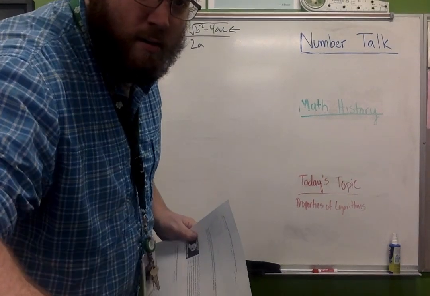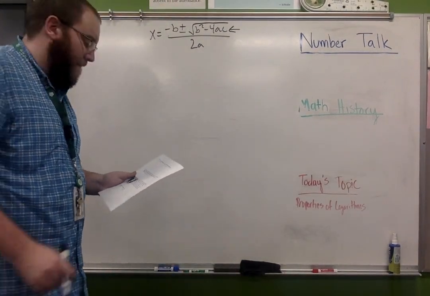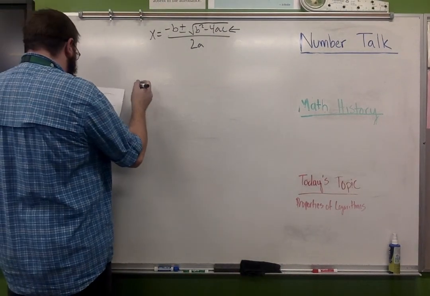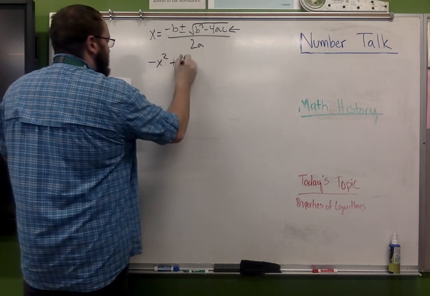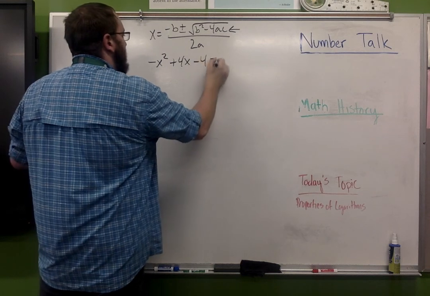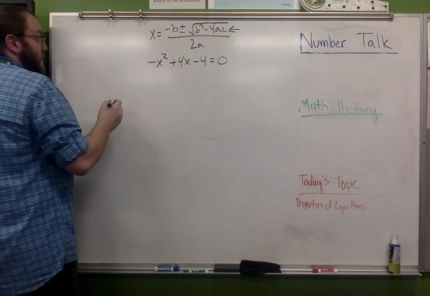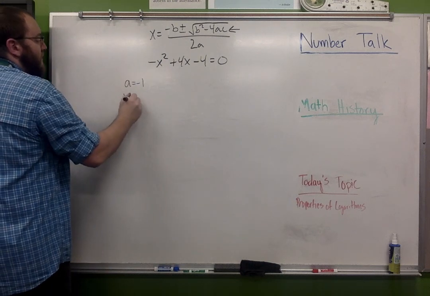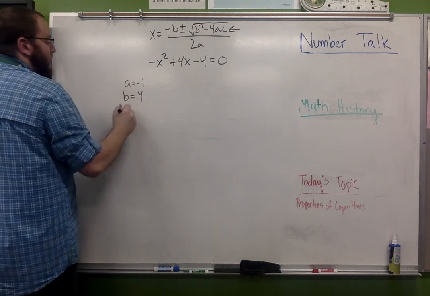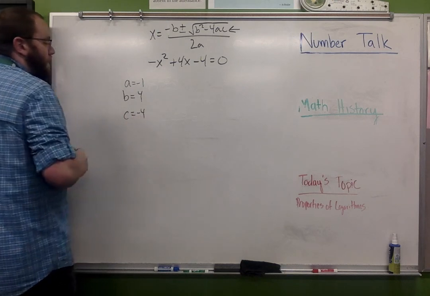Okay. That's taking longer than I thought it would. So let's see here. Negative x squared plus 4x minus 4 equals 0. So here a is equal to negative 1, b is equal to 4, and c is equal to negative 4.